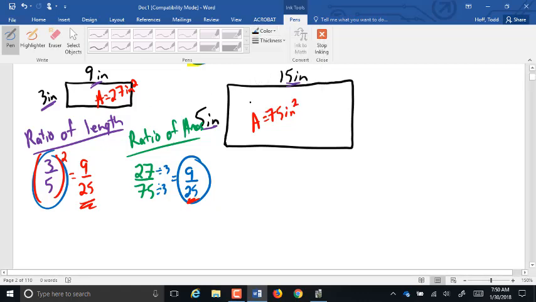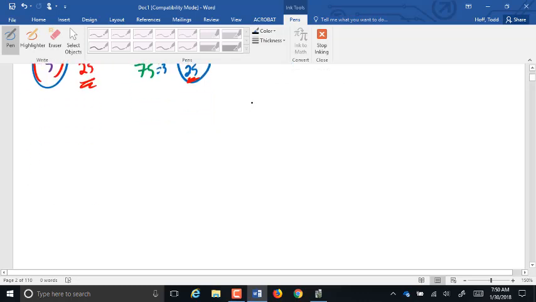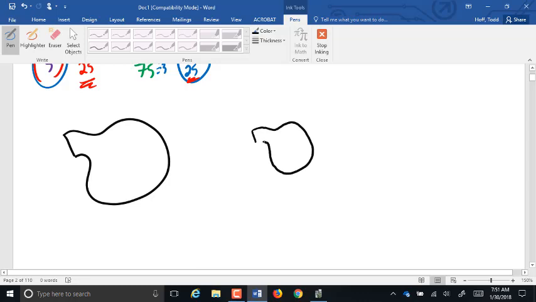Well, in standard simple figures like I've drawn here, that really isn't a useful piece of knowledge. You can find the area of a rectangle pretty easily. You don't really need to worry about ratios of areas. But I might have a weird shape like that. I almost made those look the same.